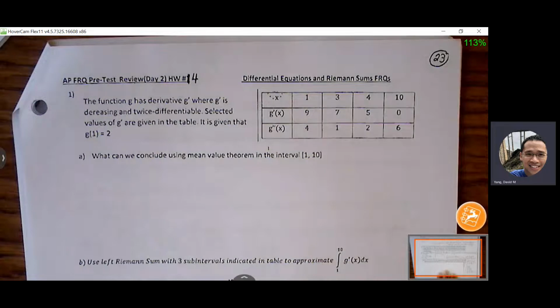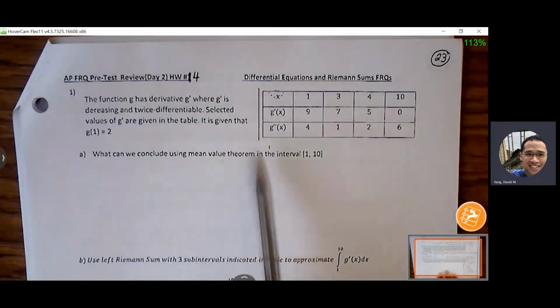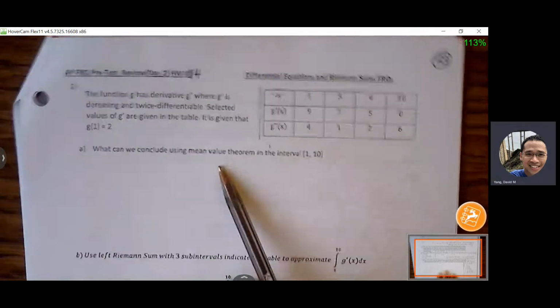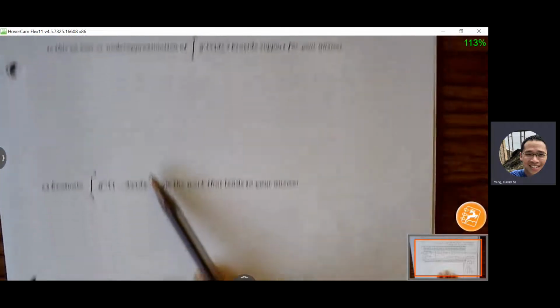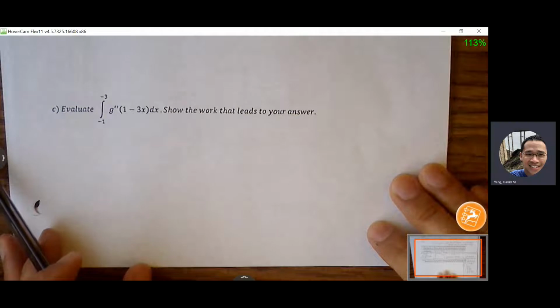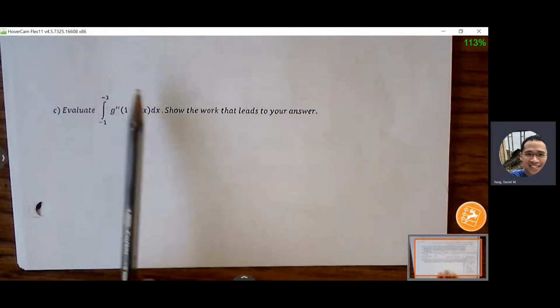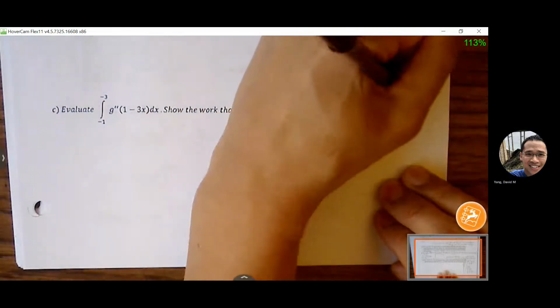Let's see. I'm going to skip down to, I think this is the mean value theorem. Oh, I think these are pretty straightforward. I want to go down to part C on page 23 to practice these types of setups.